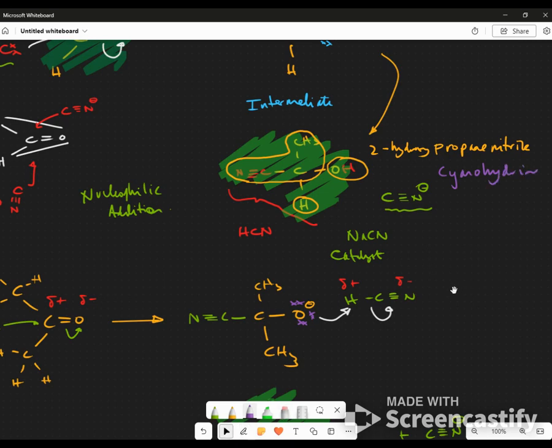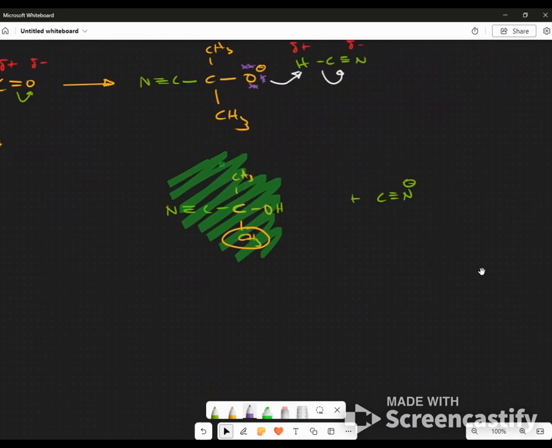Okay, so let's have a look at the bottom one here. Let's name this again. Well, it's the same length of carbon chain, so this is going to be propane nitrile again. There's 2 groups on my propane nitrile now. There's a methyl group there, and there's a hydroxy group there. Hydroxy starts with H, methyl starts with M, so hydroxy gets its mention first.